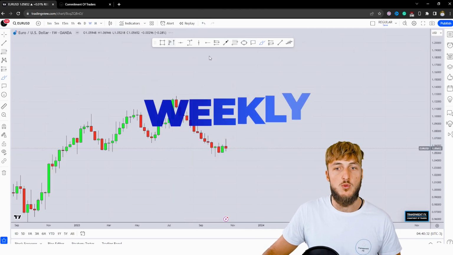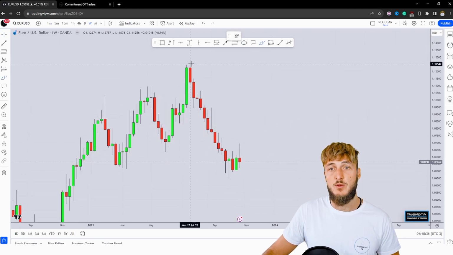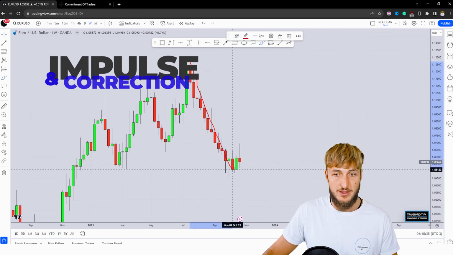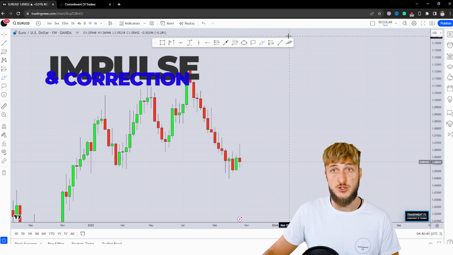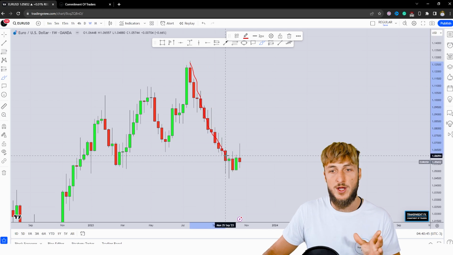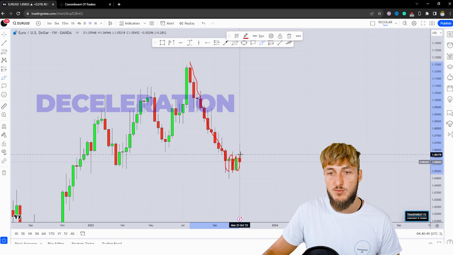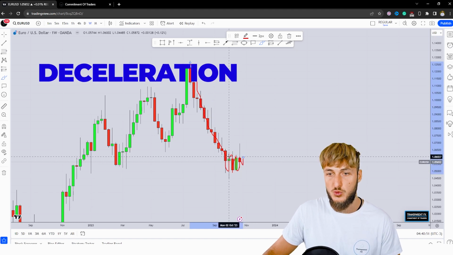Dropping down on the weekly time frame, what do we see? Well, from a weekly standpoint, we can see how we had a massive impulse to the downside without any kind of correction. However, we can see how here we had all red candles with quite strong volume to the downside. However, now we're starting to see multiple corrections. We can already see two green candles.